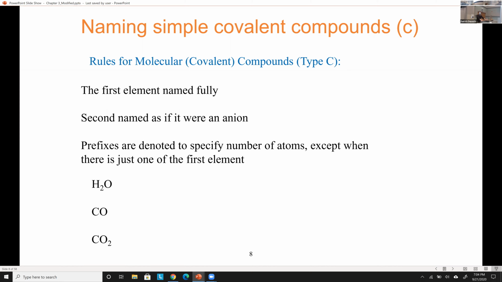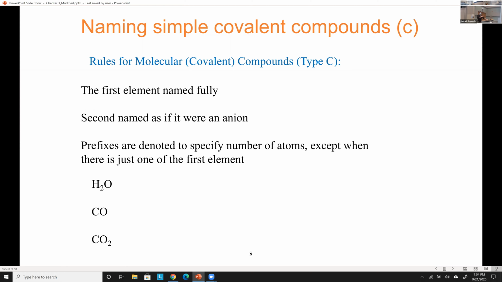This one's a bit easier. What you do is you name the first element. Boom. Then you name the second element as if it were an anion, so that IDE ending is still there. But then you're going to use prefixes for these elements. And there's a rule with prefixes too.